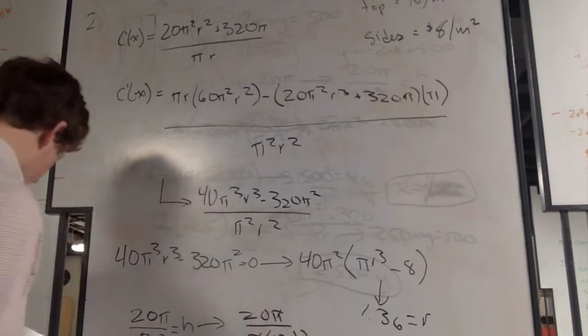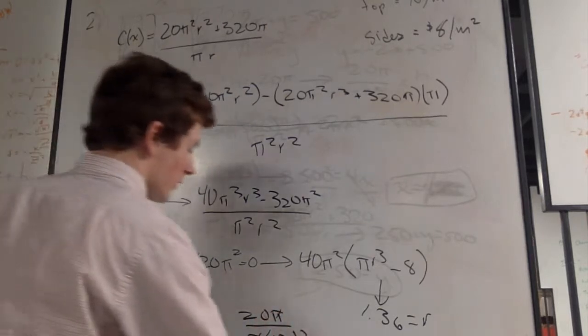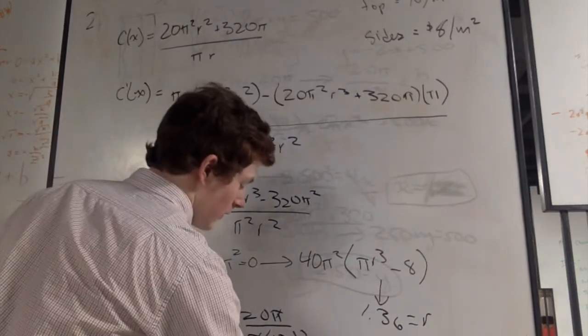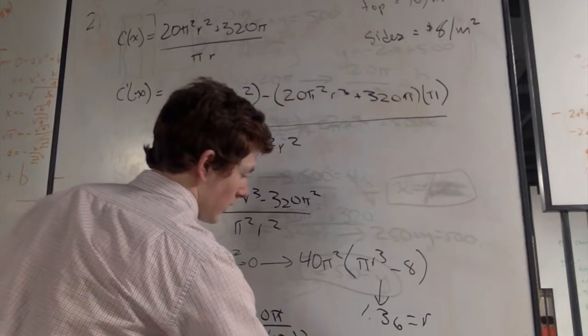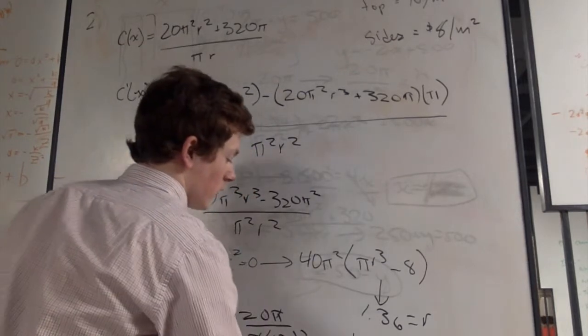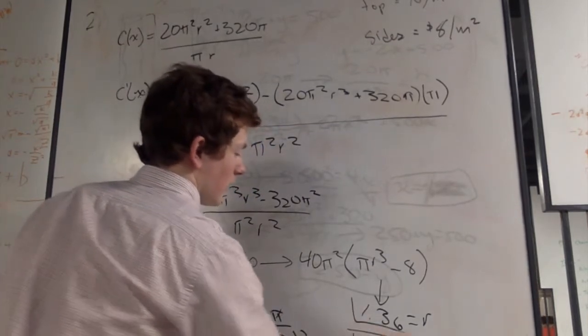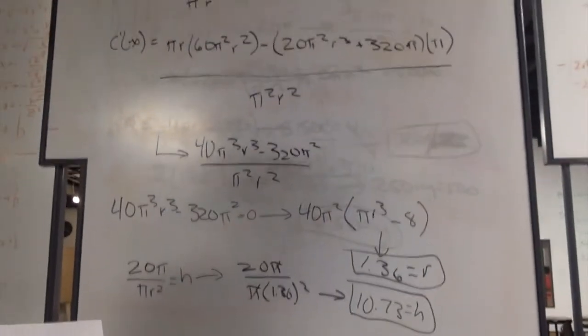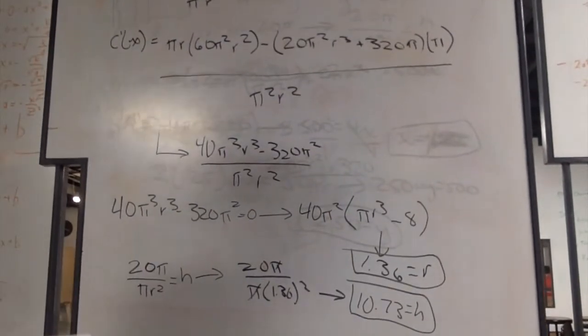Those cancel. And then using my calculator, I figured out that that went to 10.73 equals h. So those are the two dimensions that will maximize your profit making this.